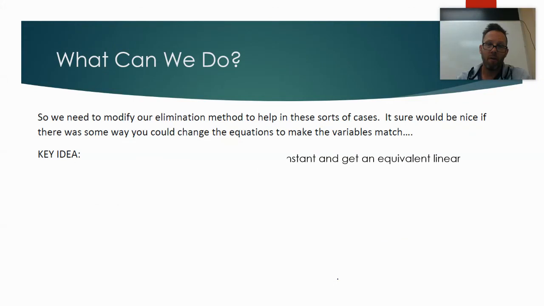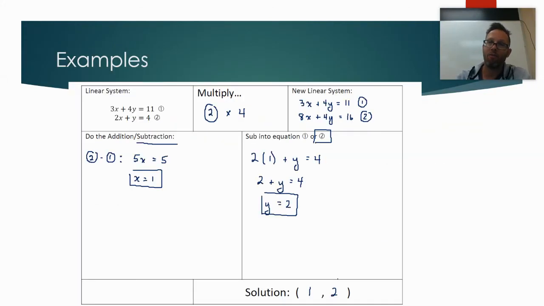Sometimes they don't, but you can make them match by doing a clever multiplication. And so what you guys need to work on is being able to identify: am I adding or subtracting to eliminate a variable? If my coefficients don't match, can I find a way to make them match by multiplying one of the equations?